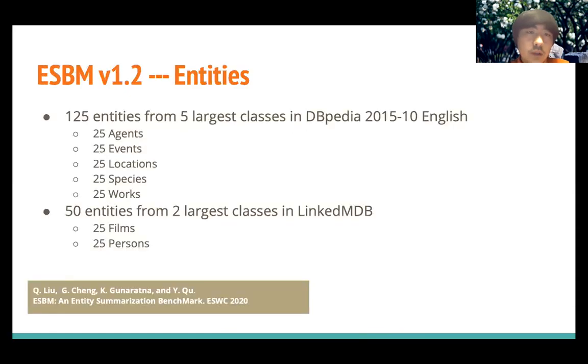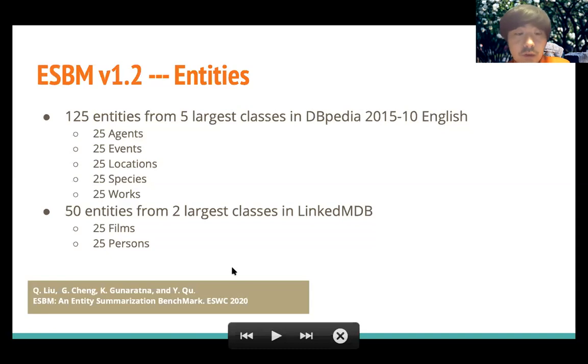For details on ESBM, you can look at this ESWC paper. Basically, we sampled some entities from 2 datasets. We sampled 125 entities from the 5 largest classes in DBpedia, including agents, people and organizations, and also events, locations, species, and works. We also sampled 50 entities from the 2 largest classes in LinkedMDB, including films and persons.